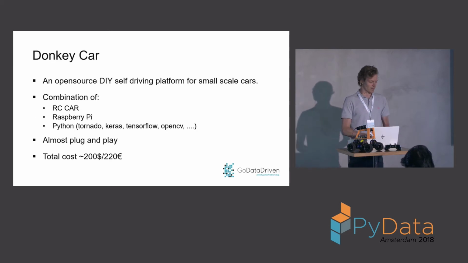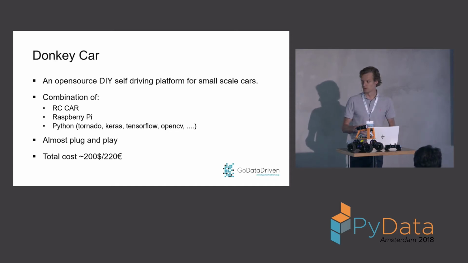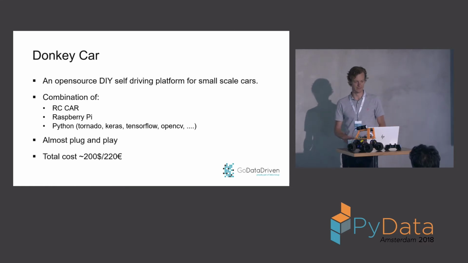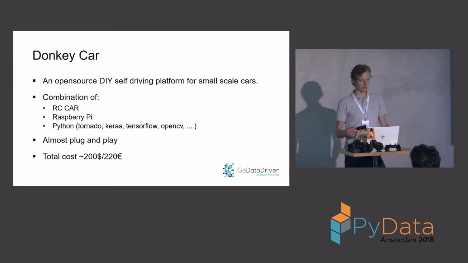So what is a donkey car? Donkey cars are an open source self-driving platform for small scale cars. It's a fancy sentence, but basically it's an open source community built around one platform, which allows you to very easily create your own self-driving car.